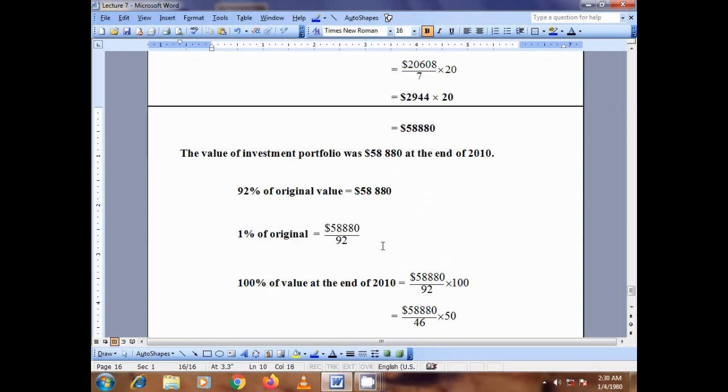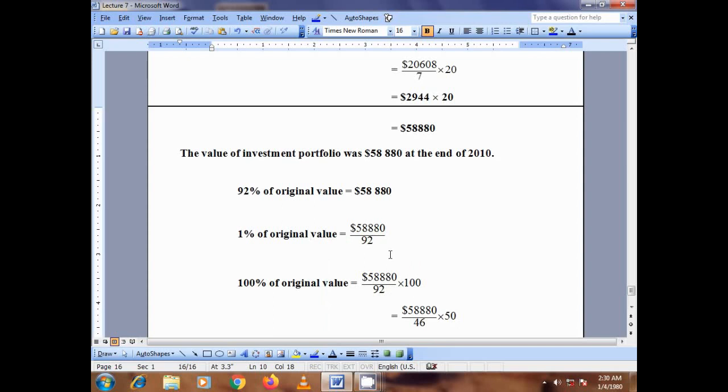1% of original value. Then it means we will divide 58,880 by 92. Same as, let's find 100% of original value.